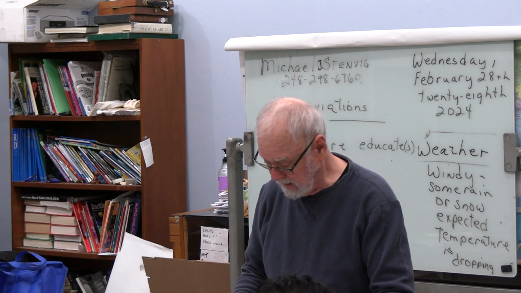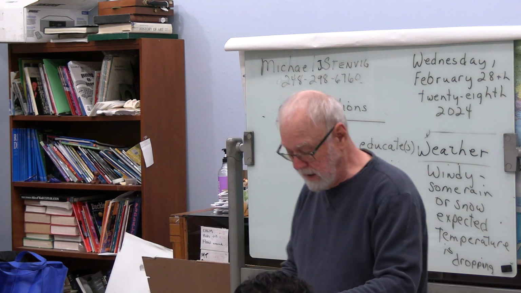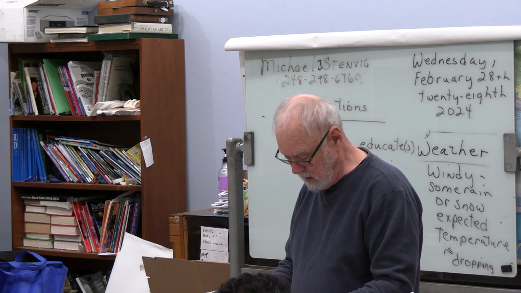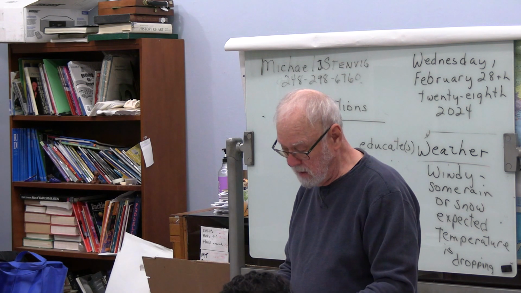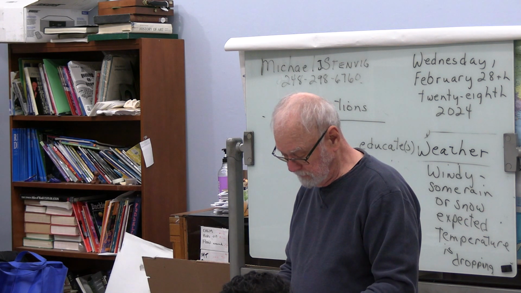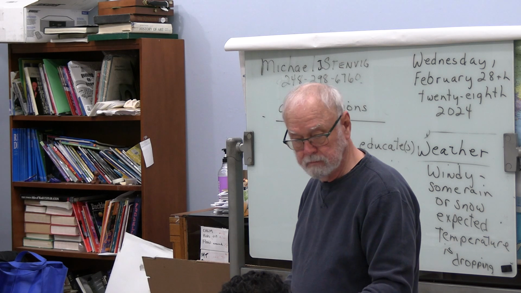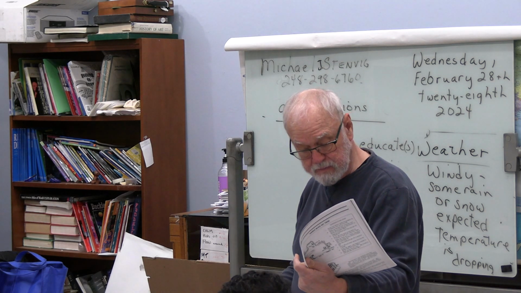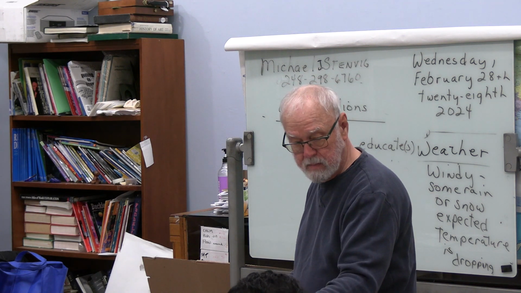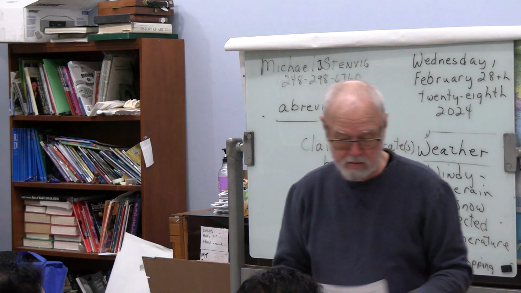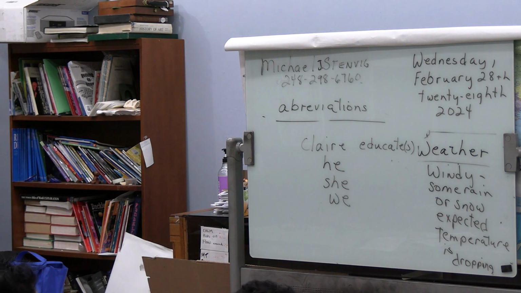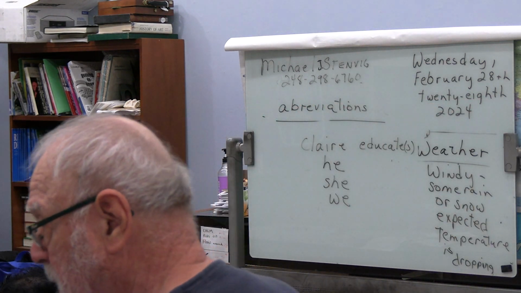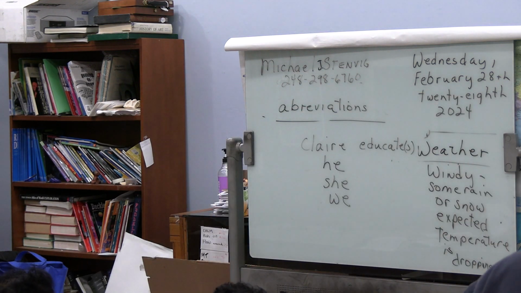Okay. This is a little more complicated. We're going to do 92 first. 92. This is this map.